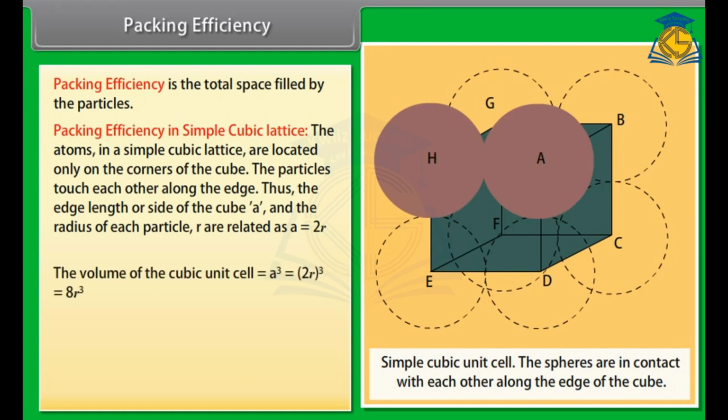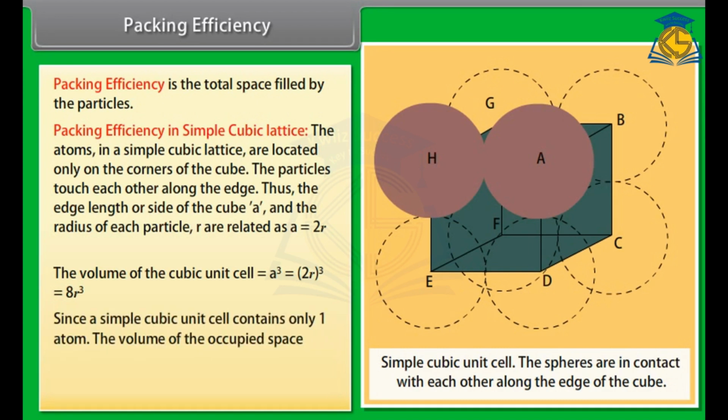The volume of the cubic unit cell is a^3 = (2r)^3 = 8r^3. Since a simple cubic unit cell contains only 1 atom, the volume of the occupied space is equal to 4/3 πr^3.